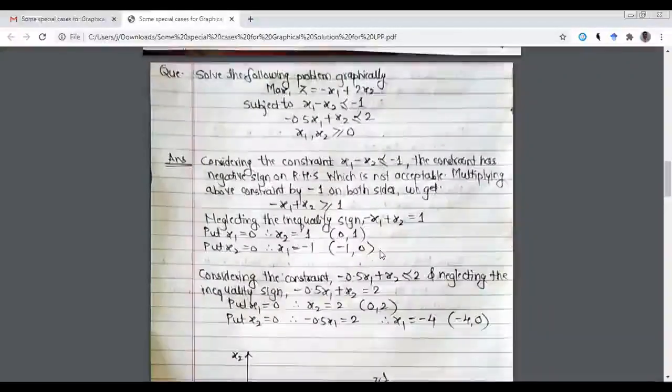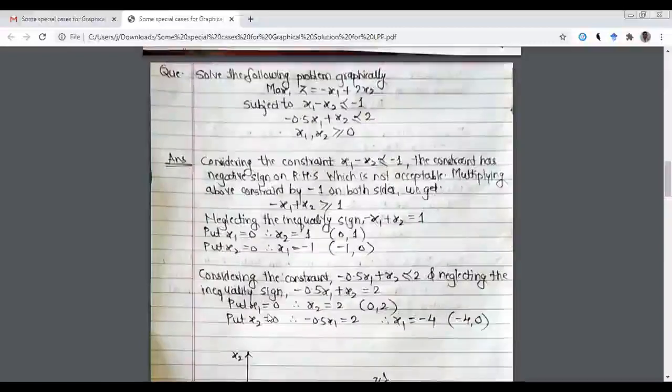Now let's take another constraint. Here you can see there is a negative sign in the LHS, but as told earlier, as many negative signs can come on the LHS, there shouldn't be a negative sign on the value on the RHS of the constraint. So considering the constraint -0.5x1 + x2 is less than or equal to 2, we can neglect the inequality sign, and the equation that we get is -0.5x1 + x2 = 2.